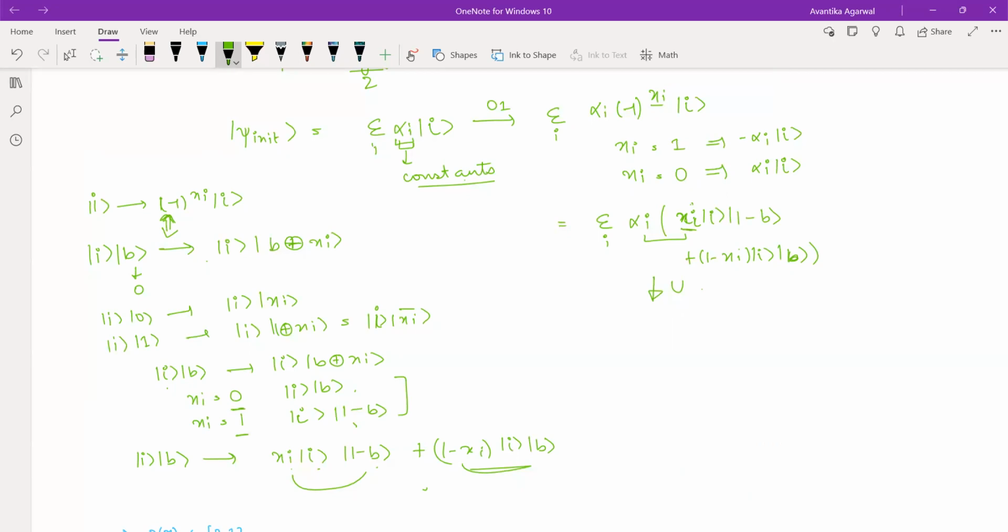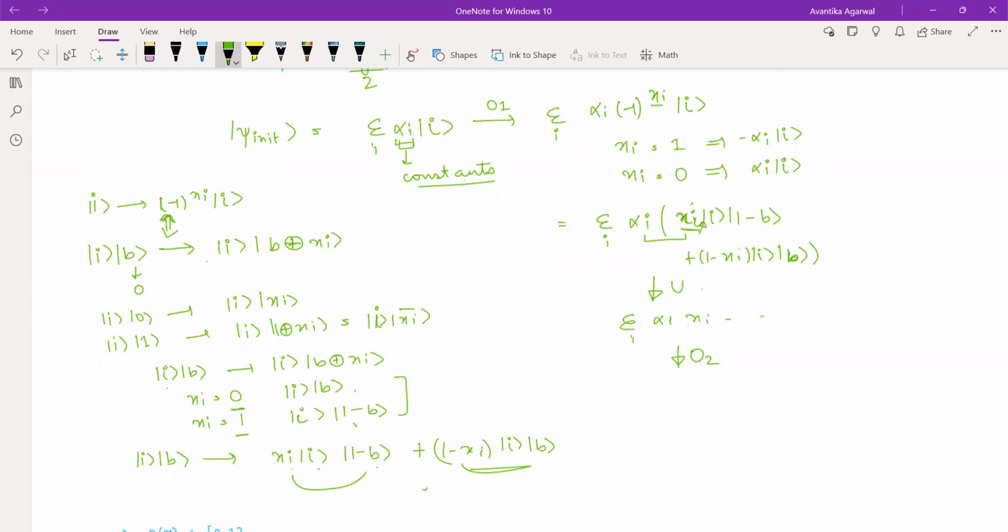If the amplitudes were a degree 1 polynomial before the unitary computation, then they would remain a degree 1 polynomial after the unitary computation too. So again, this is some alpha I xi, some degree 1 polynomial. And then I again make an oracle query. So this is my second query. Then in a similar manner, I would be adding another xi here.